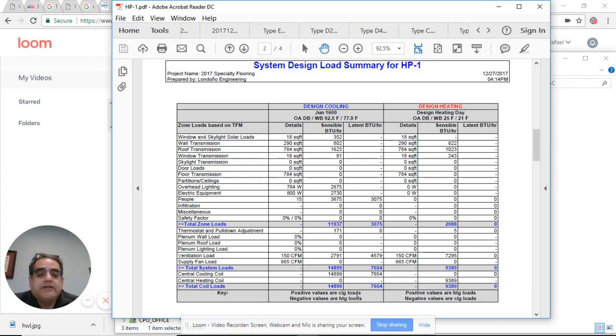So if you see the wall transmission is 1/20th of the load, the people is 1/3 of the load right here. And now there's two different types of heat gain: sensible gain and latent gain. Sensible is the heat you can feel.